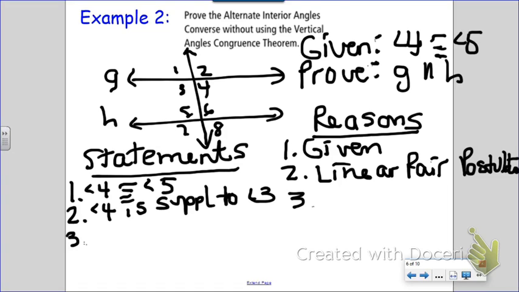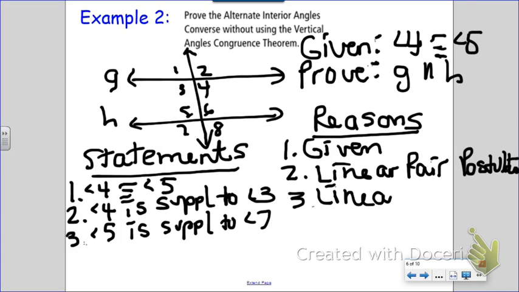Our next step is going to say angle 5 is supplementary to angle 7. And again, if you look on the picture, 5 and 7 are a linear pair, so same reason, the linear pair postulate again.